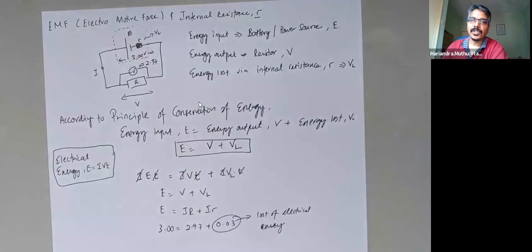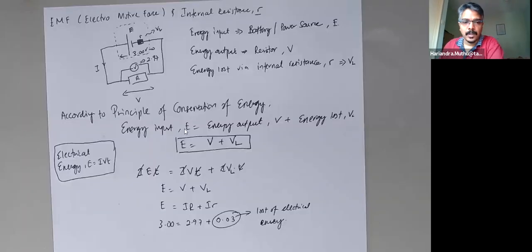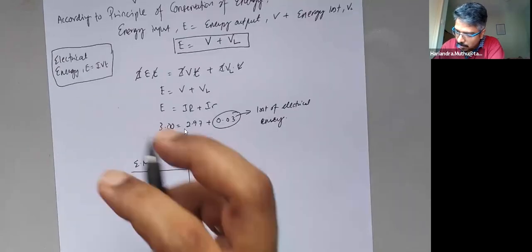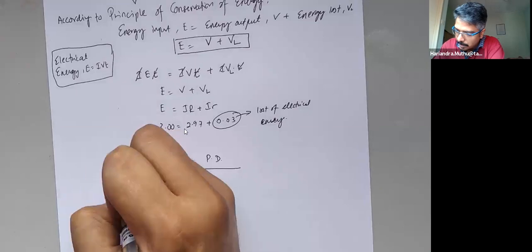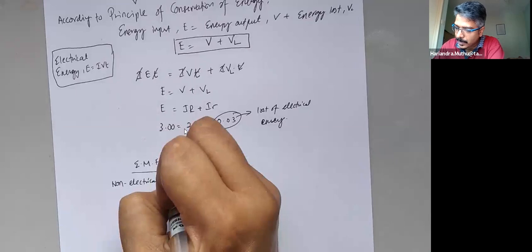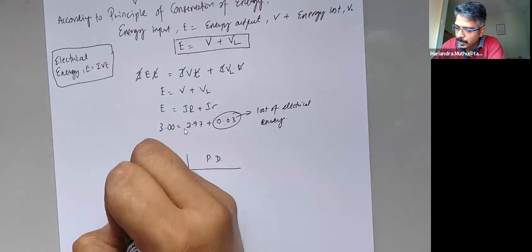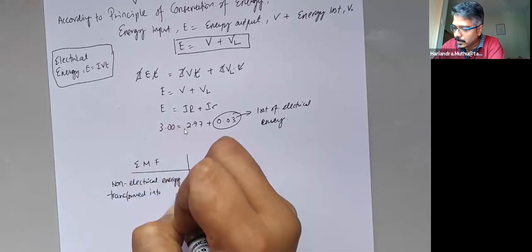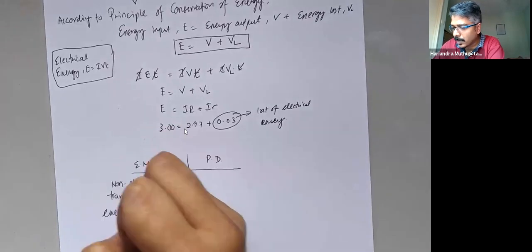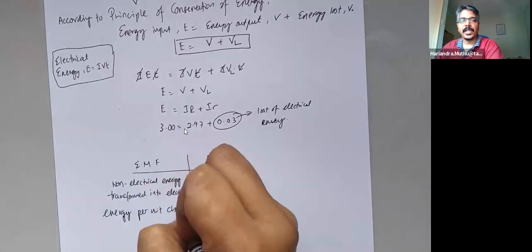What is the basic definition of EMF? The definition of EMF is non-electrical energy transformed into electrical energy per unit charge.